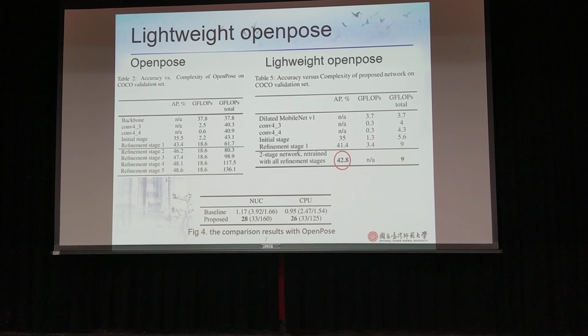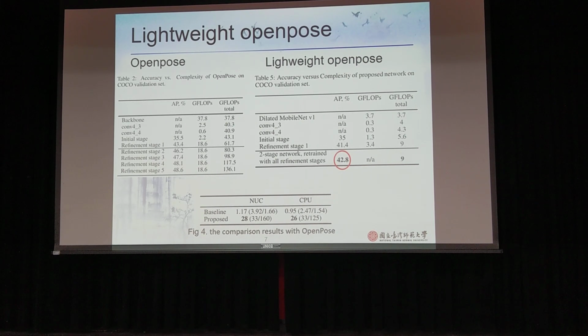In the initial stage, a shared 3x3 convolution layer is employed, while the refinement stage only utilizes one layer. Furthermore, the original 7x7 convolution is replaced with a 3-layer 3x3 structure to reduce the number of parameters.